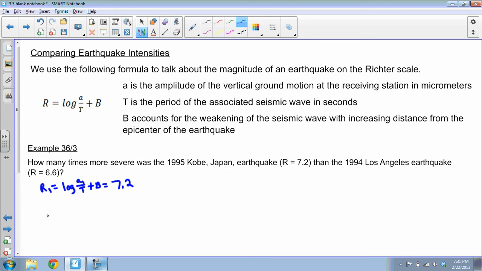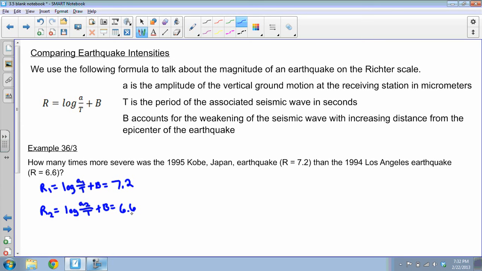Then we have a second formula for our second earthquake, with a second amplitude A2 over T. It's the same T, the same B, just our A is different. And this time we get a Richter rating of 6.6.